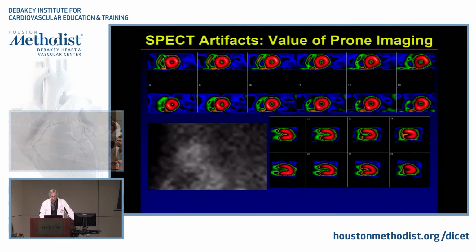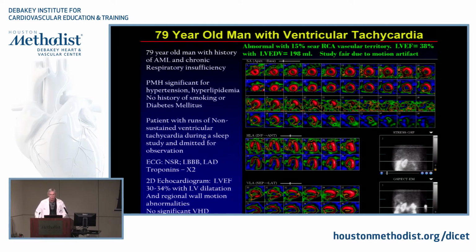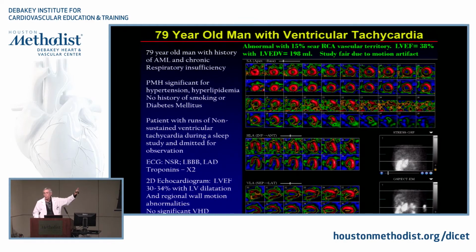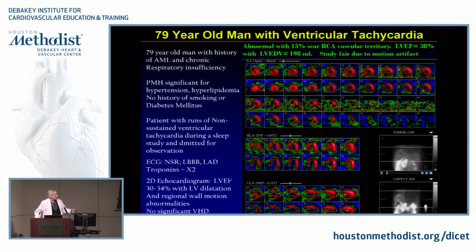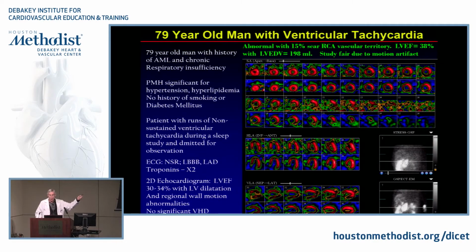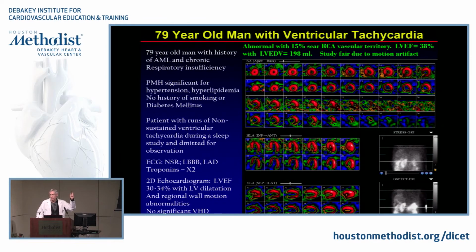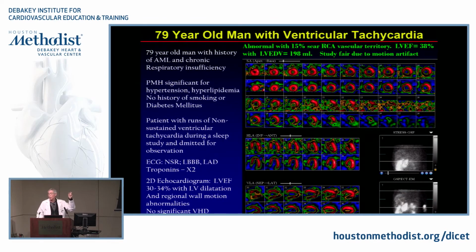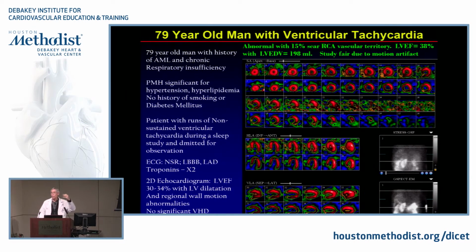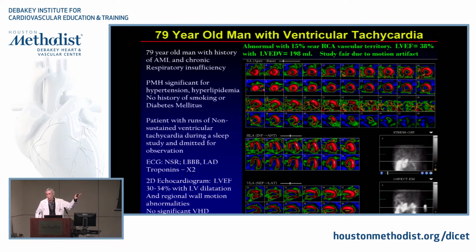All right. So let's go back to this particular patient. Now, we already said that we weren't sure whether this was a real defect or artifact. This patient actually had stress and rest, okay? But you'll notice that the inferior wall really does not thicken normally. So unlike the other studies where we were looking at prone, where there was normal regional wall motion, this is abnormal regional wall motion.